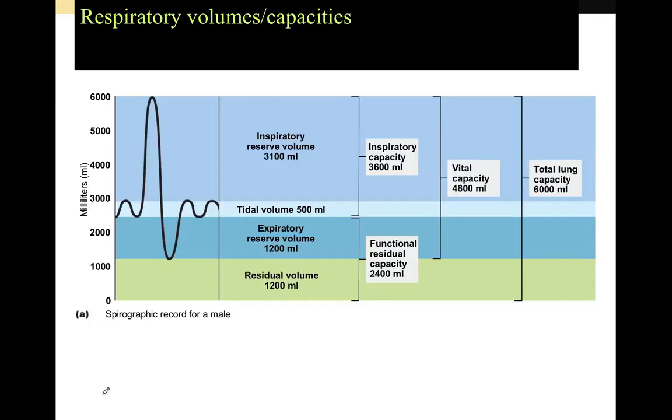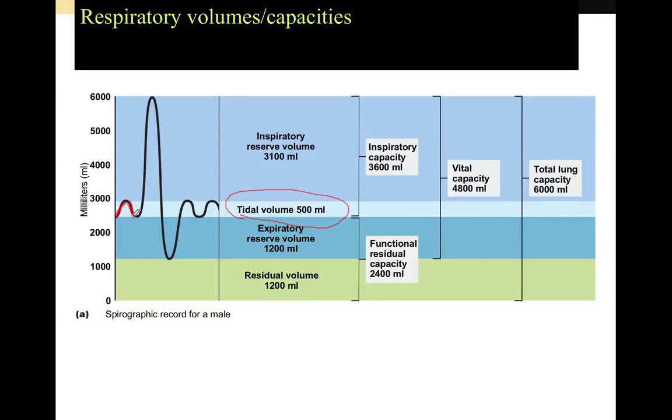We're going to start by looking at the volumes, starting with the middle one, which is one of the small ones, called the tidal volume. Tidal volume is the amount of air that is being exchanged every time you take a breath. So if you're moving upward, that's implying the inspiration because you're adding volume to your lungs. And as you start to exhale, you're basically going to remove that air.